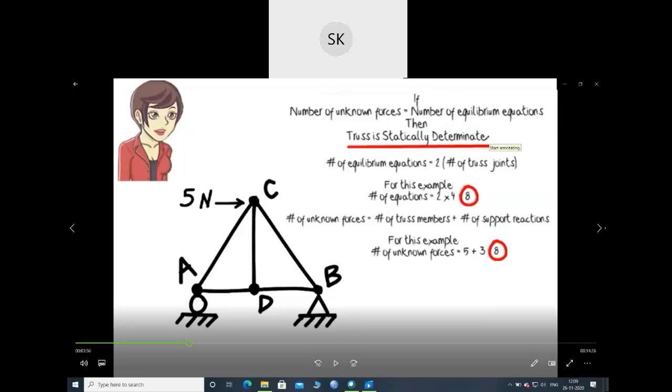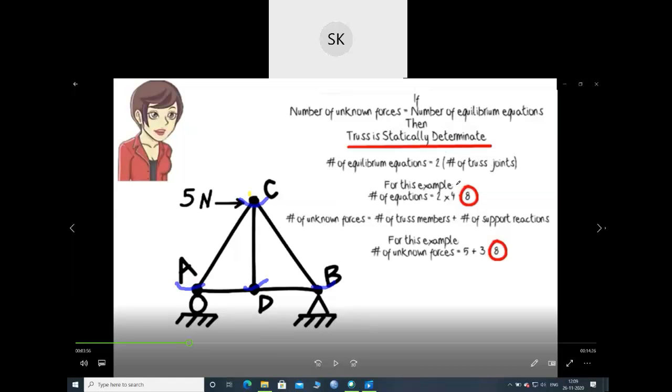Okay, so how to find the number of equilibrium equations and how to find the number of unknown forces? Let's start with equilibrium equations. You can double the number of joints. Suppose you have one joint, two joints, third and fourth. So you have 4 joints.